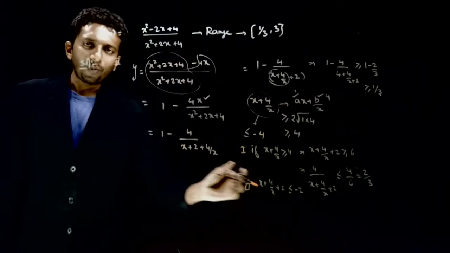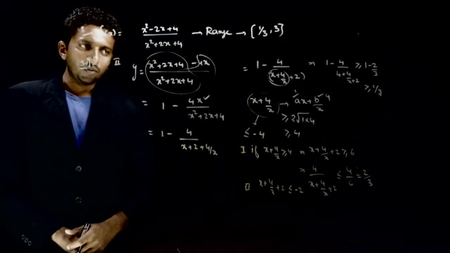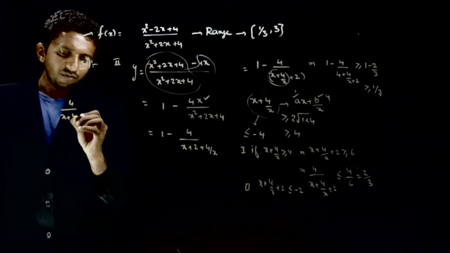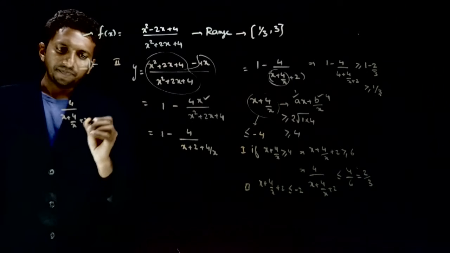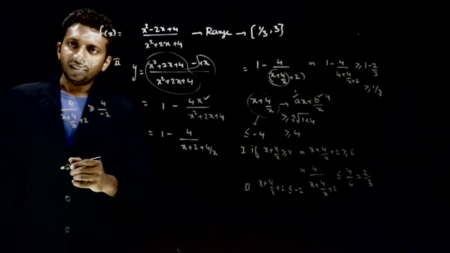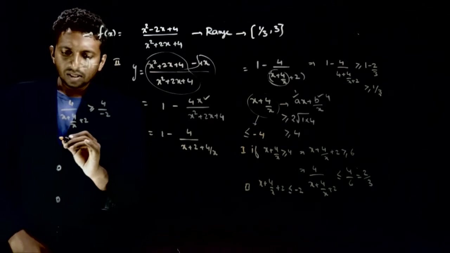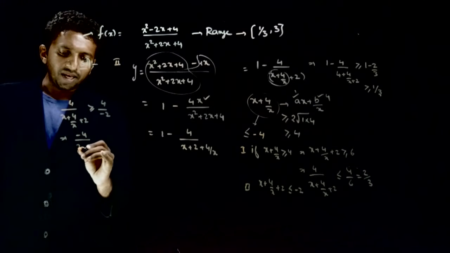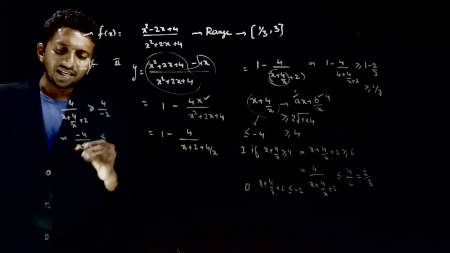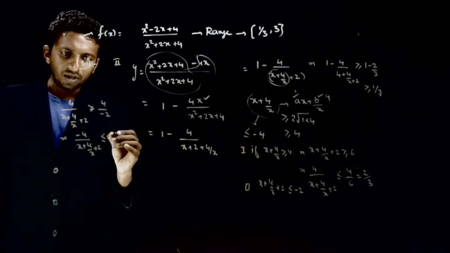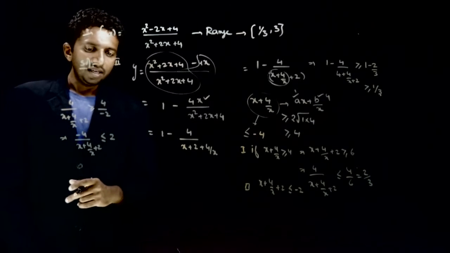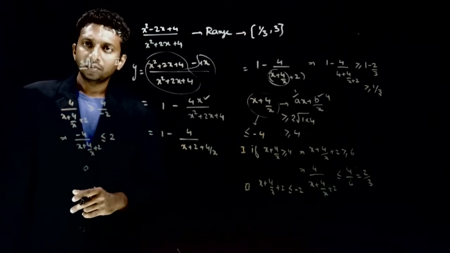So 4 by x plus 4 by x plus 2 जो always greater than or equal to 4 by minus 2. That is always greater than or equal to 2. This implies minus 4 by x plus 4 by x plus 2 is always less than or equal to 2.